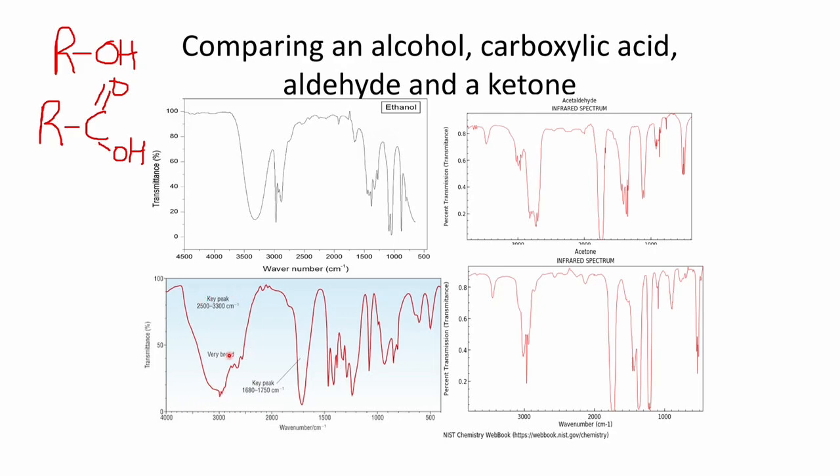So in your carboxylic acid, this region here represents your OH group. Your OH peak is typically more broad in your carboxylic acids than in your alcohol. And this region here represents your OH within your alcohol.